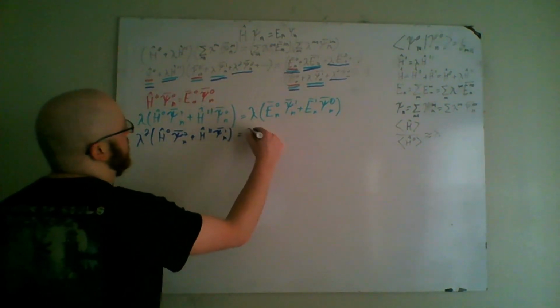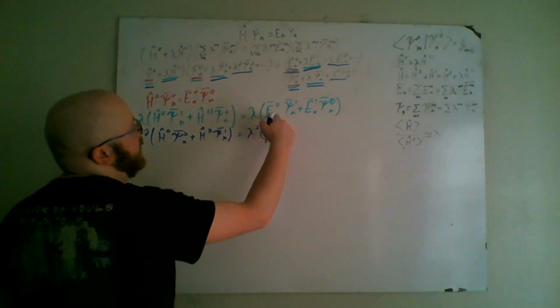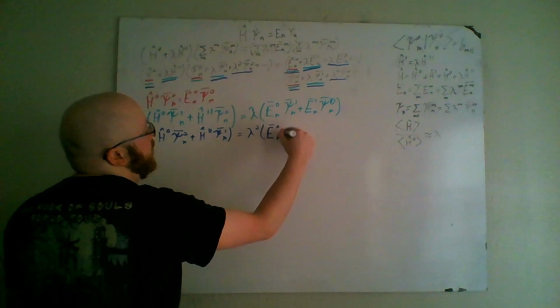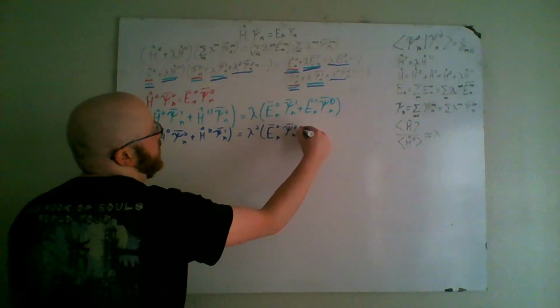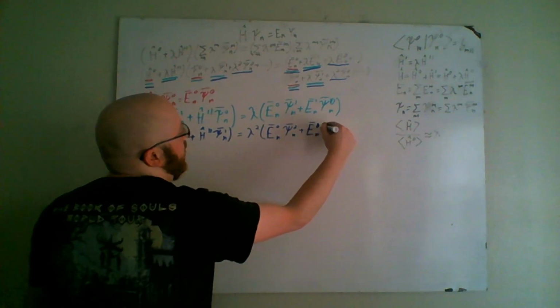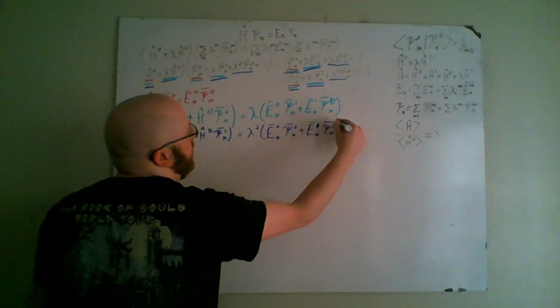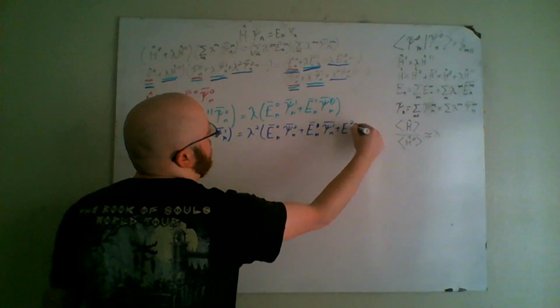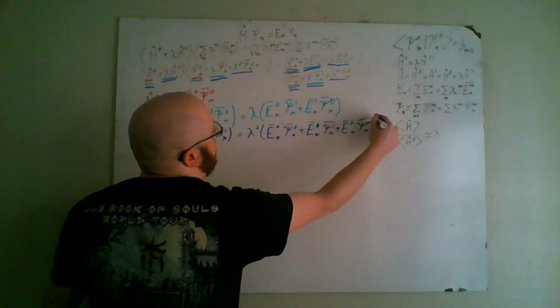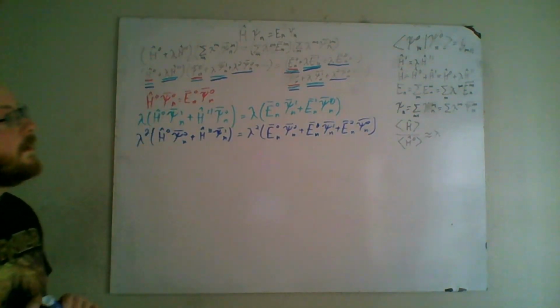This equals psi squared n, and then we just match them all to the coefficients. So E0n has to go with psi 2n plus E1n psi 1n plus E2n psi 0.